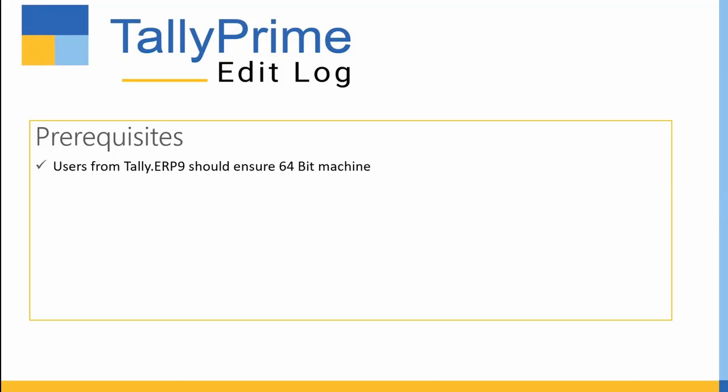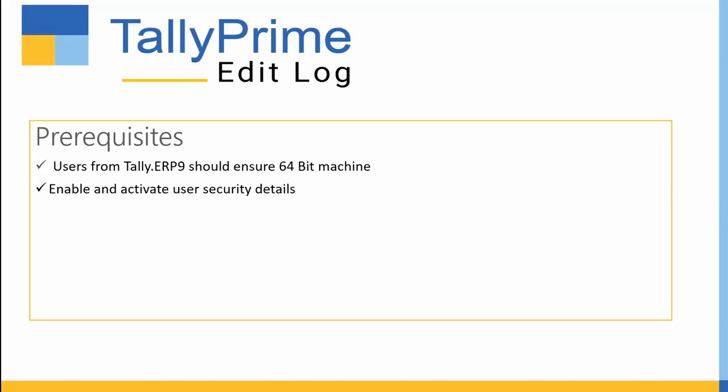Then, if they are using ERP9, please ensure your hardware is suitably configured. Before they start on this particular version, they will have to ensure that the user security details are properly updated. As you had seen at the start of my presentation, when I took up the TallyPrime edit log functionality, the username comes.